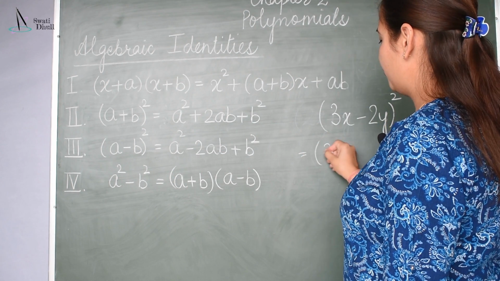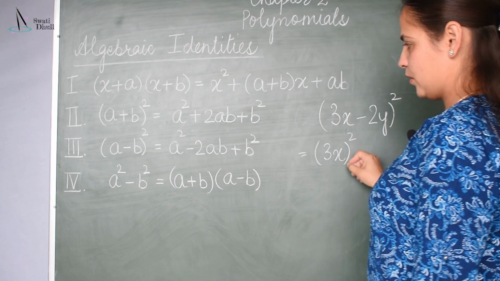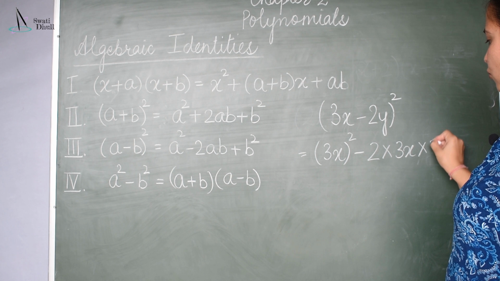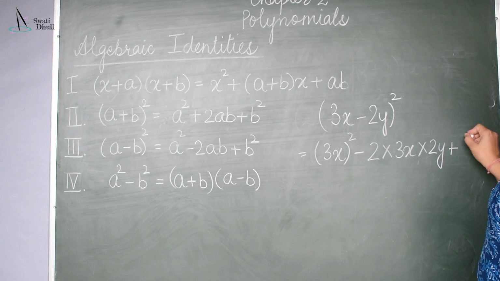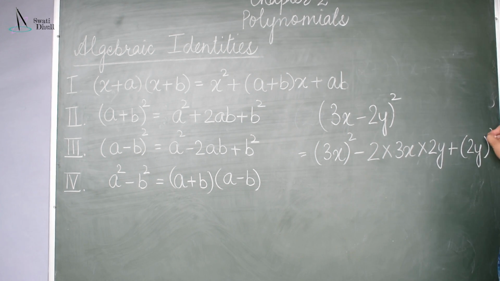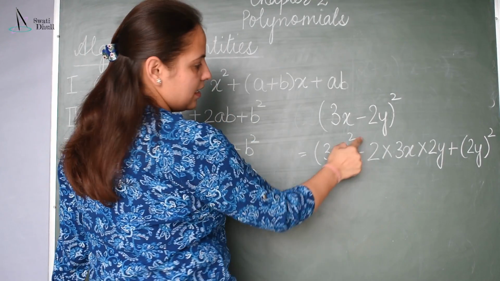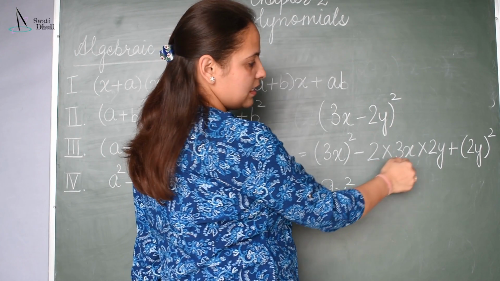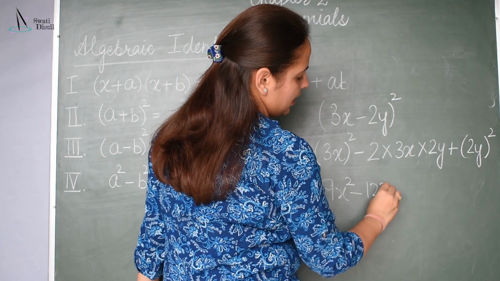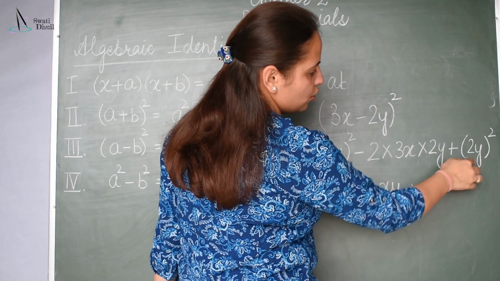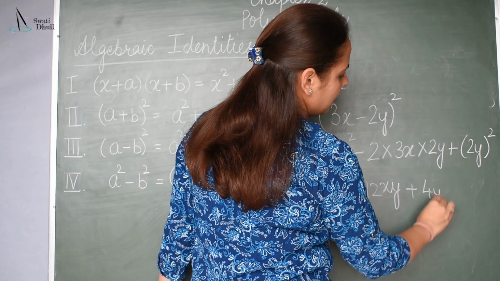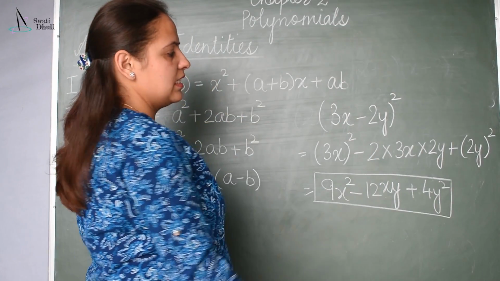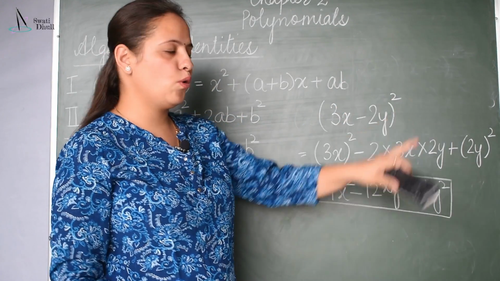So that is equal to (3x)² − 2 times a times b plus (2y)². That is 9x² − 2 times 3 times 2, which is 12, xy, plus 4y². So this is the expansion of (3x − 2y)².